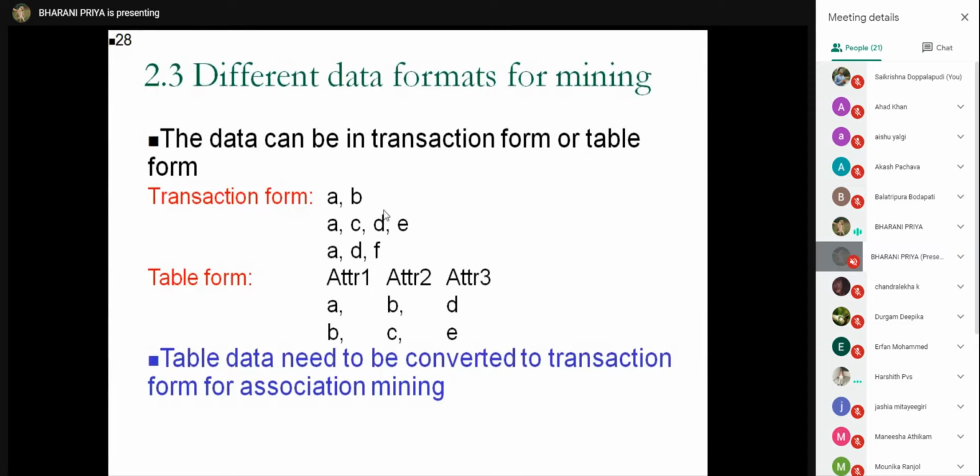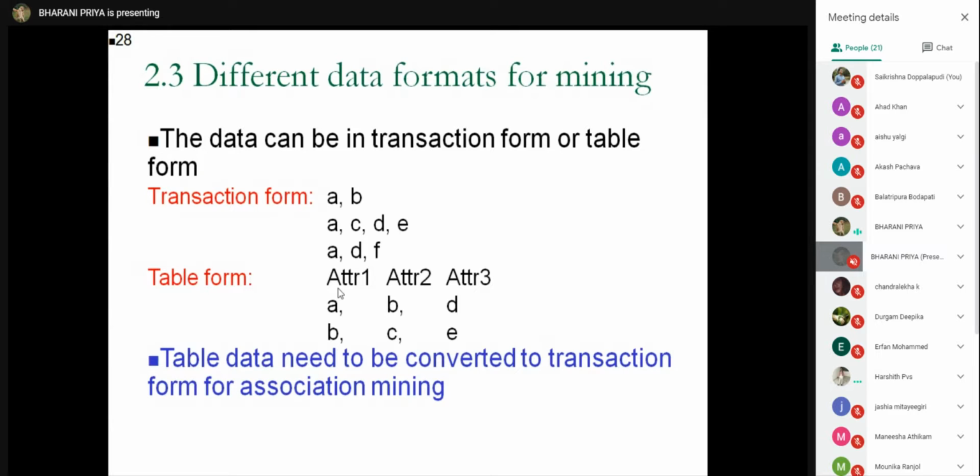When data is in tabular form, obviously you will have column names. When you are converting this tabular data into transactional form, you need to take the attribute values along with it.